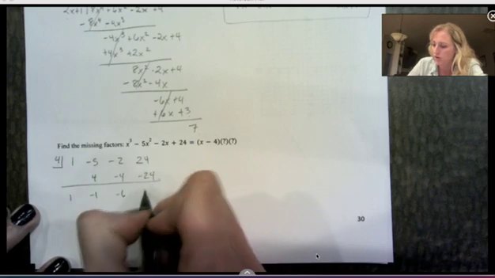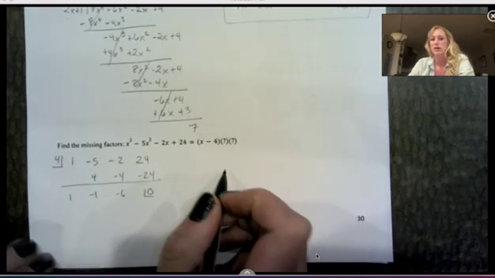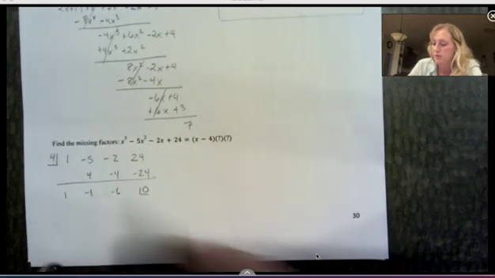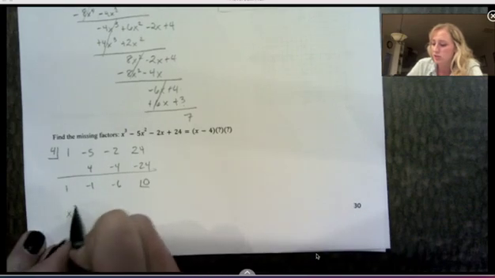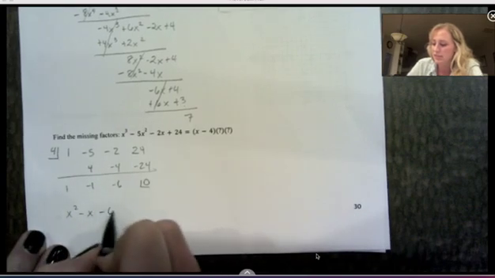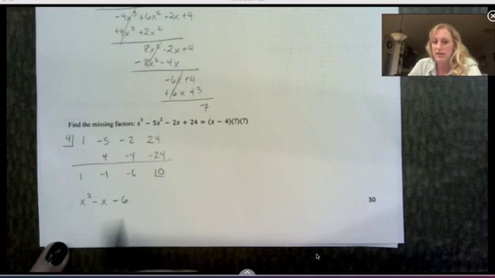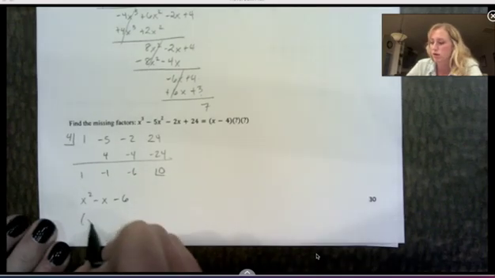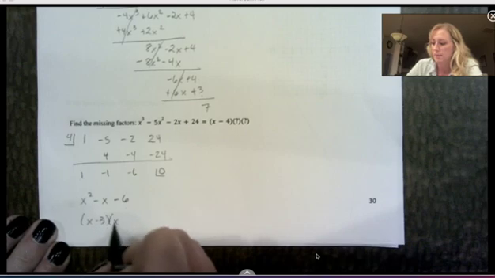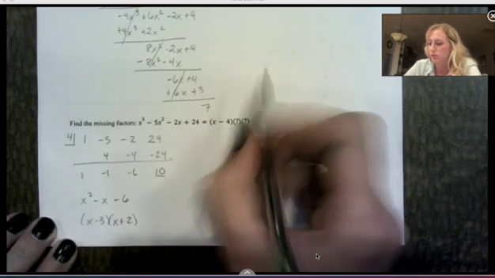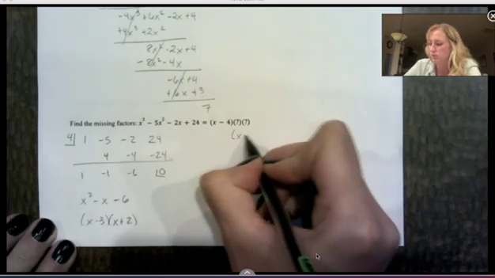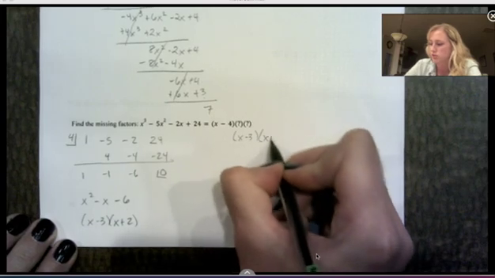And we should get 0 here if it's in fact a factor. So my remaining quadratic is x squared minus x minus 6. So can I factor this? Numbers that multiply to be -6 that add up to be -1, -3, and +2. So those are my missing factors. X minus 3 and x plus 2.